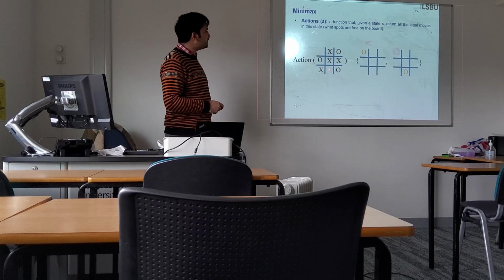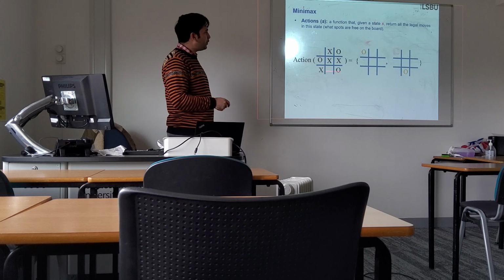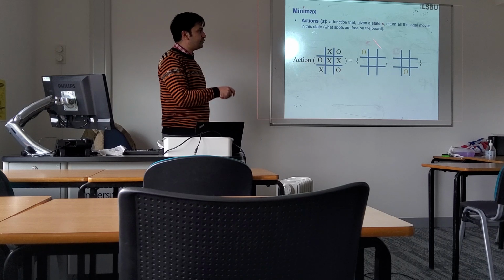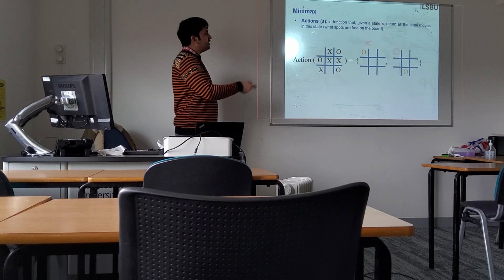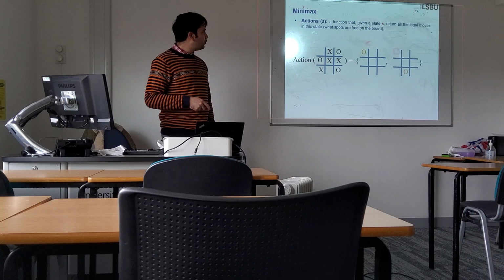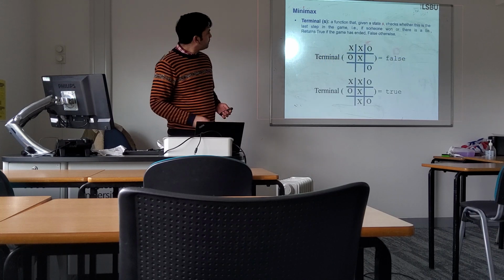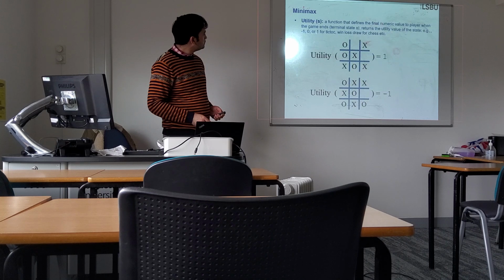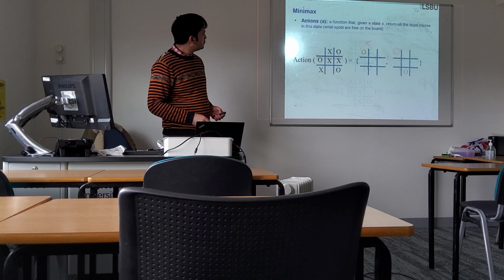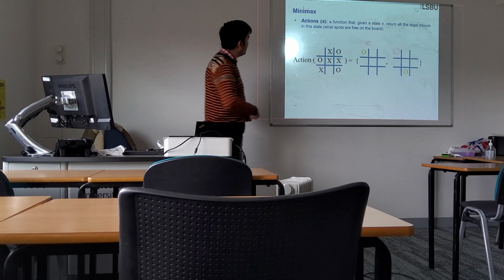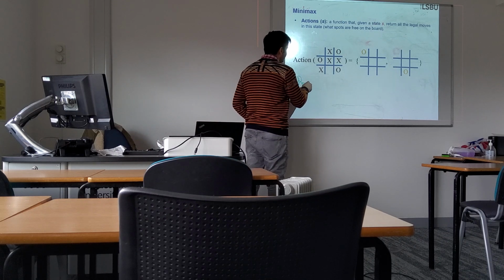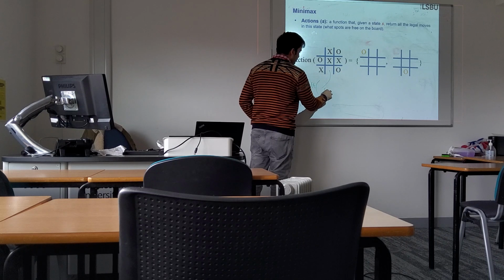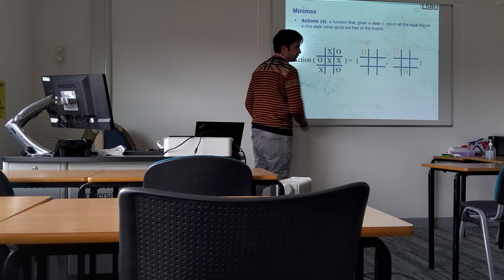Then, as I said, what are the actions? If you have this condition, the possible actions are that you can put a circle here or you can put a circle here. Now the result function: result takes this state, comma, whatever action it is.